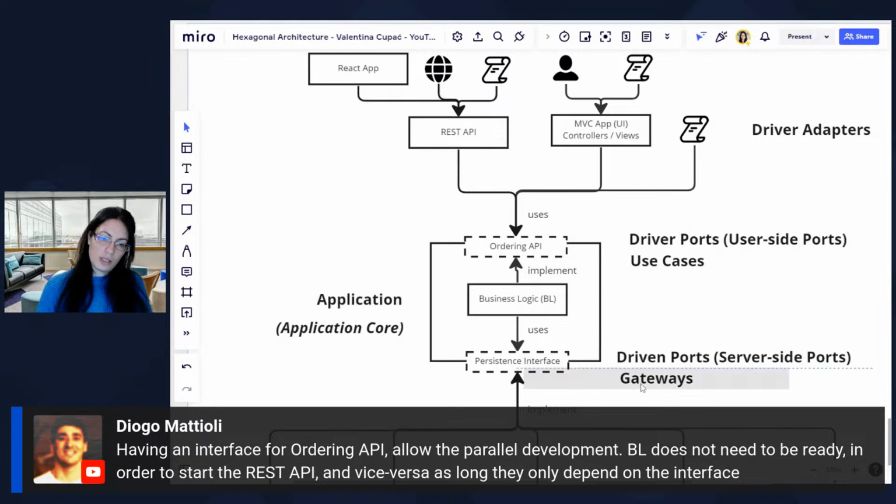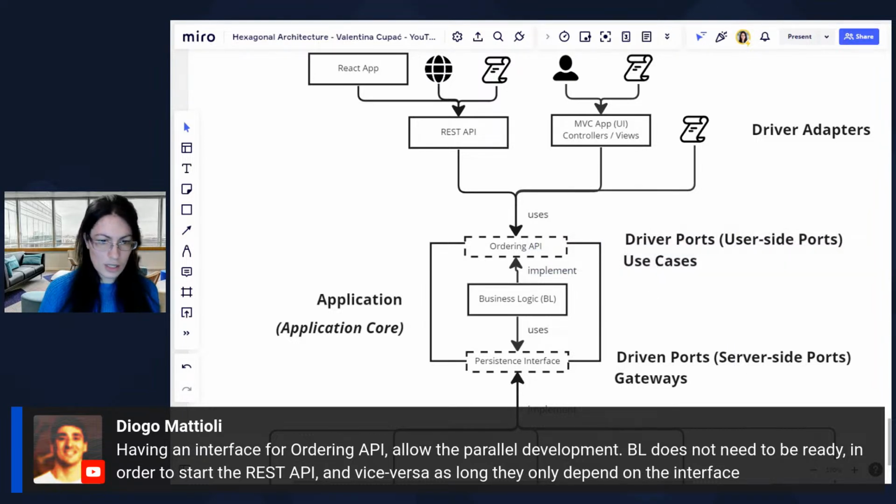And when we're modeling the system, we should be starting at our use cases, and this is exactly what allows us to work in such a way.